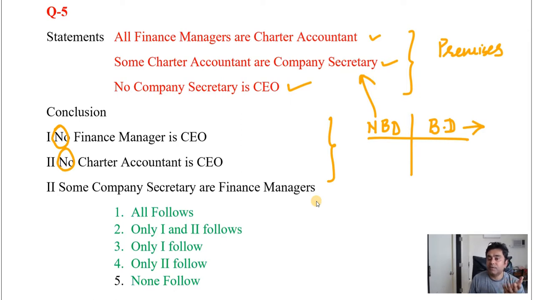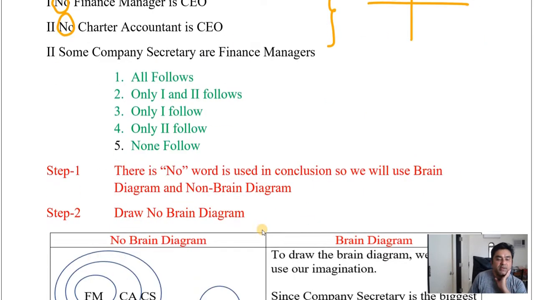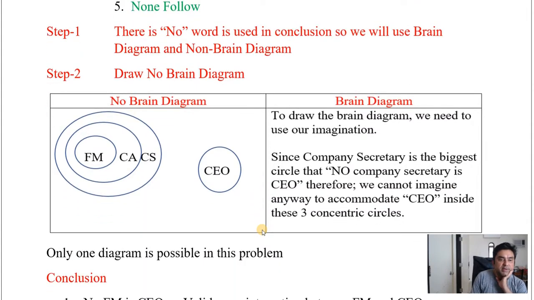This is the diagram as per the statements given, that all chartered accountants are finance managers and all chartered accountants are company secretaries, and no CEO is CA or CS. Under this situation, we cannot find any possibility that CEO will enter into CA or CS. Since the company secretary is the biggest circle and no company secretary is CEO, which is very clearly mentioned, we cannot use our imagination and we cannot make a brain diagram.